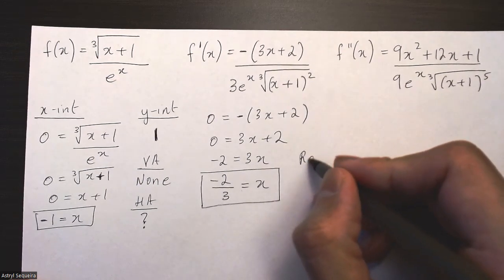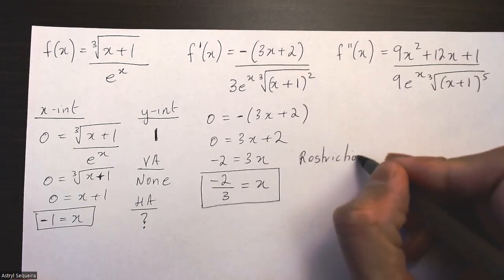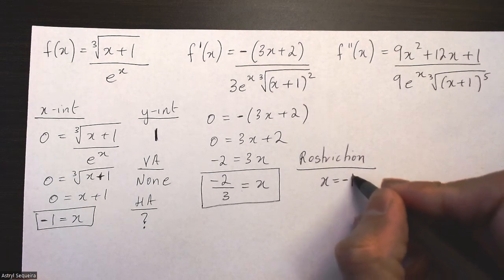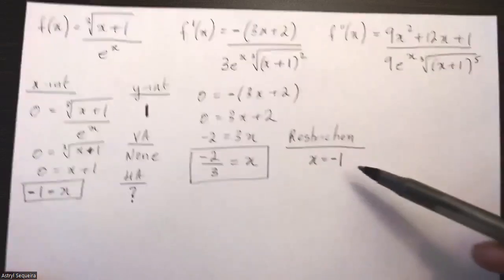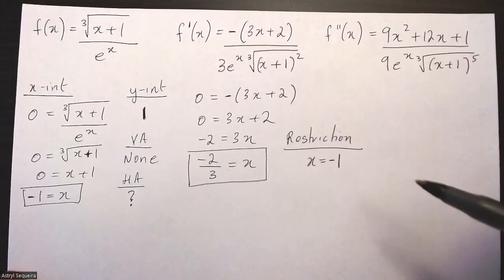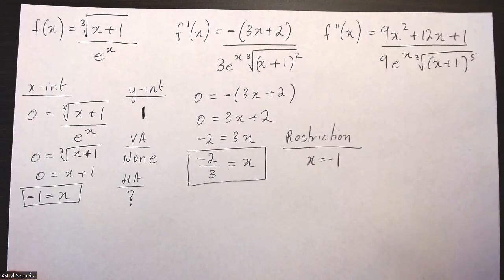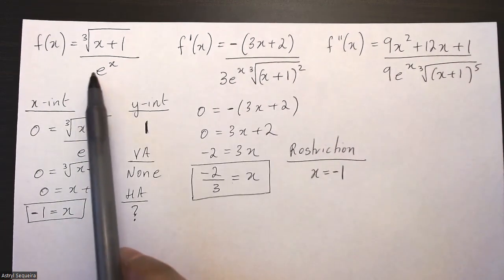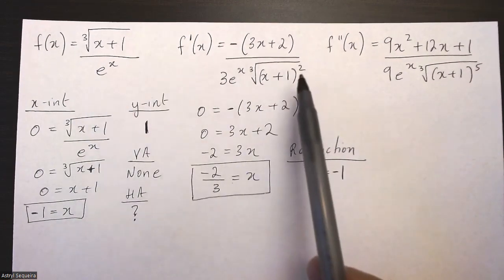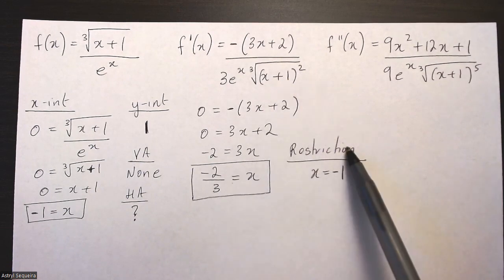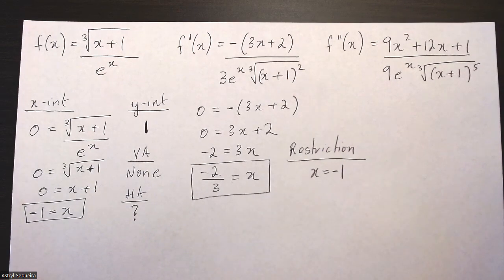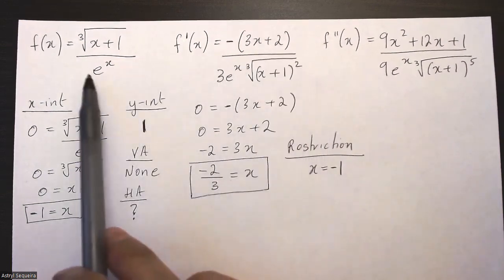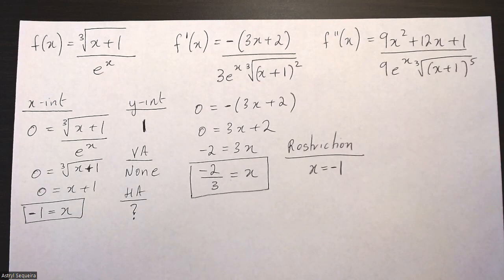So since we have a restriction here for our derived function, where x cannot equal -1, this is going to create either something called a vertical tangent or an edge. There's two possibilities. So if your original equation does not have a restriction, but your derived equation has a restriction, that's where it creates a vertical tangent or an edge. If the restriction existed in both of them, it would just be a vertical asymptote.